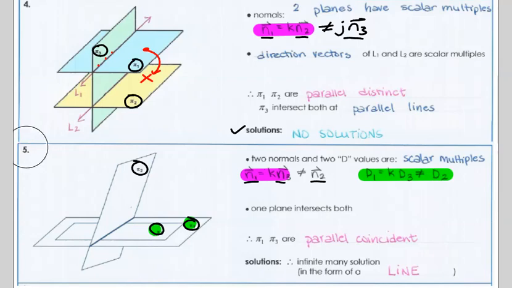Now, in case 5, you do see that there is a line right here where all three planes are touching at the same time. And that's why your answer will be in the form of a line. Okay, so we'll see an example of that a little bit later. You still have an infinite number of solutions.